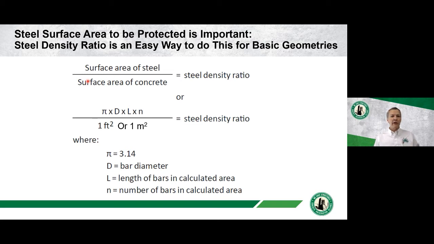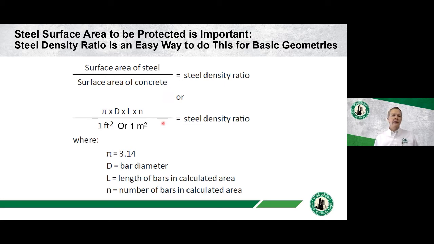To make things simpler, and particularly where you have fairly simple or basic geometries, we tend to normalize the steel surface area by calculating what we call a steel density ratio, which is the surface area of steel per surface area of concrete. So it's like if you're standing on a concrete deck and you're looking down and you imagine a footprint around your feet, and you're looking at what amount of steel is within that concrete footprint that you see on the surface.